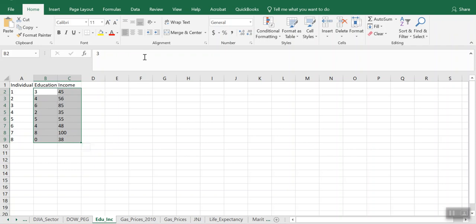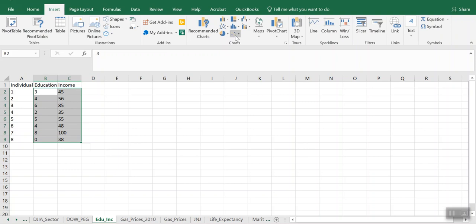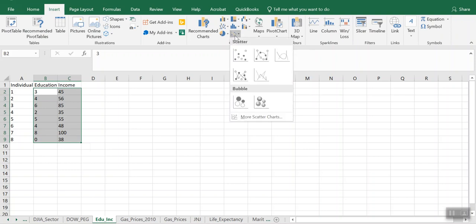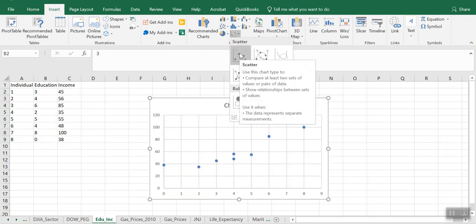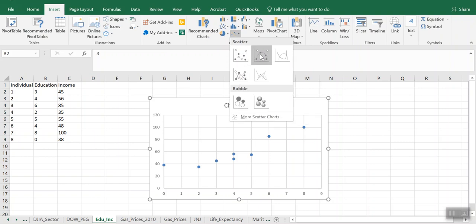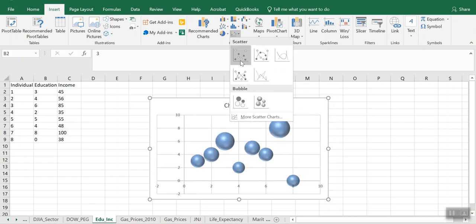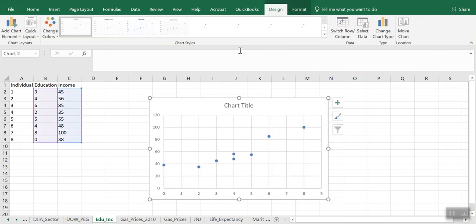So I've highlighted my data here. I'm going to go up to Insert, Charts. I still want that scatter plot chart that we've been working in, and now I want this one right here, so I don't have the line in between it. Now you could do it with a line, but look, it gets really messy. That's not really what we want. We just want this basic one right here.